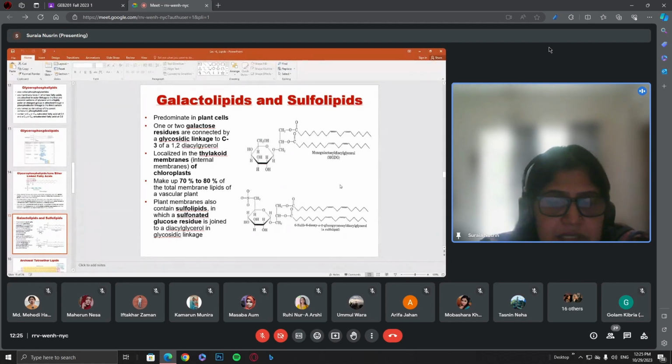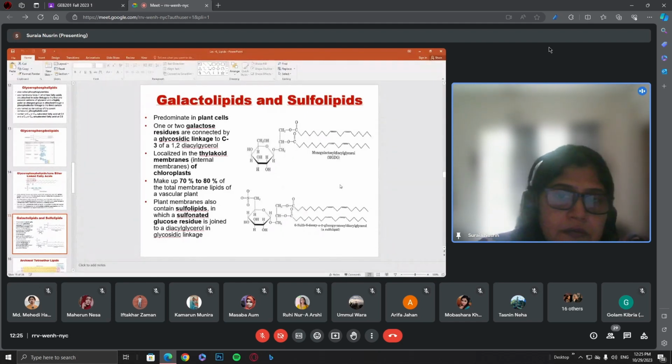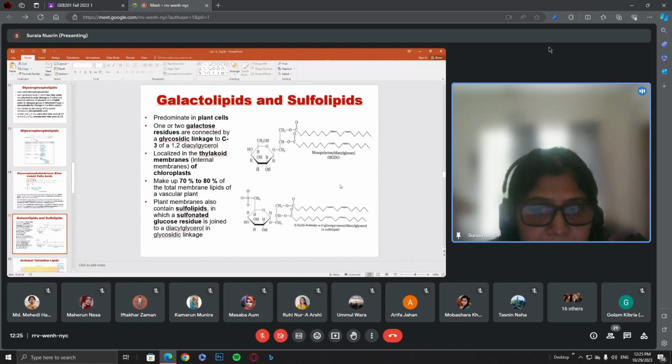In that case no head group is attached to the glycerol's number 3 carbon. At the number 3 position there is only a hydroxyl group, but in number 1 and 2 positions there are two fatty acyl chains attached by ester linkage. Then we call that molecule 1,2-diacyl glycerol. Is it clear?